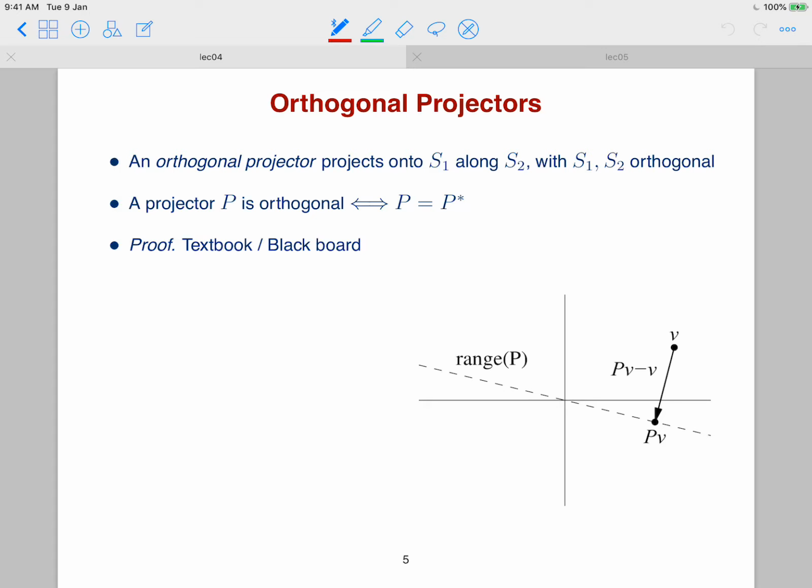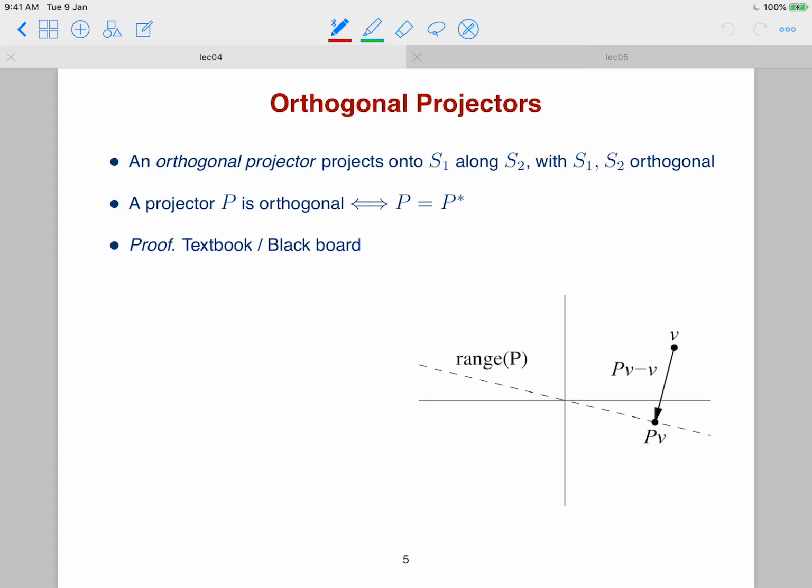Okay, and then let's move to this orthogonal projector. In the previous case, we considered the general projection where the angle is not necessarily 90 degrees, right? But in the case of orthogonal projection, what's the definition?